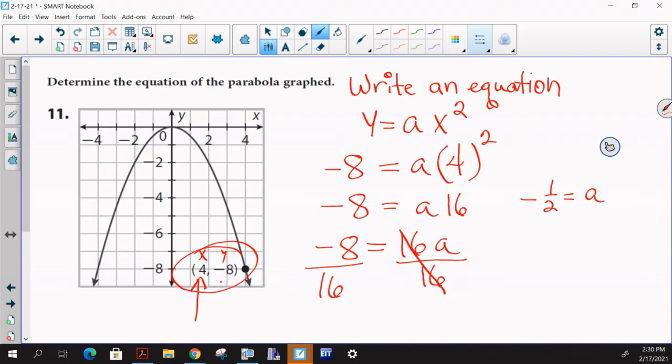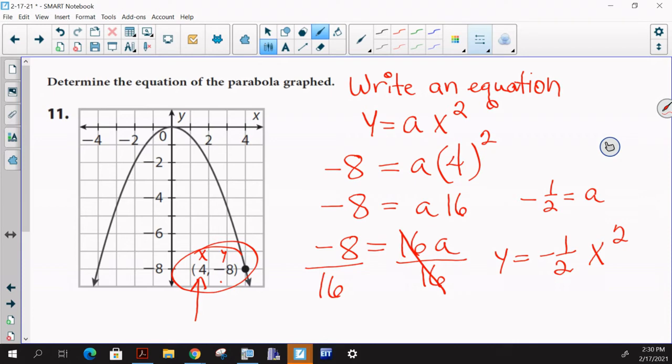Well, that makes sense because it's a little bit compressed, a little bit wider graph than the parent function is. I knew it had to be less than 1. 1/2 is less than 1. So compress it. To write the equation then, all I have to do is put in the -1/2 I found for A. And it's y equals -1/2 x squared, just like that.